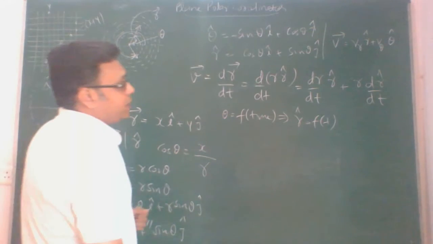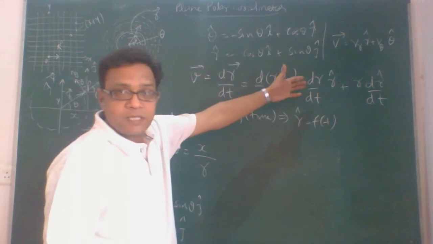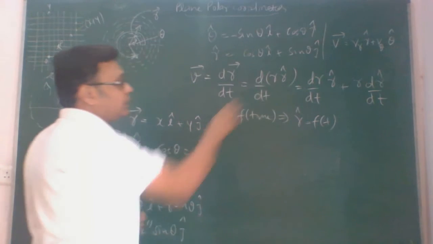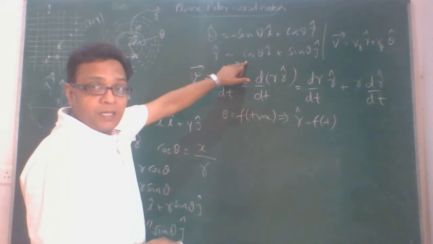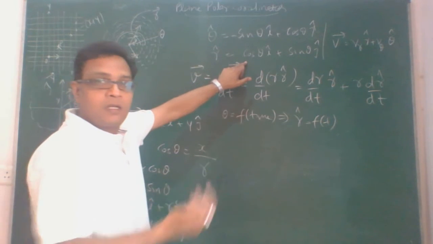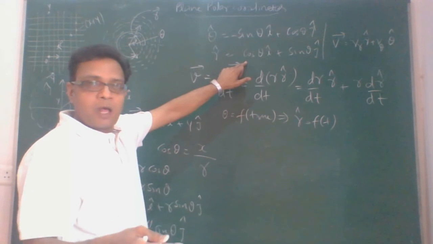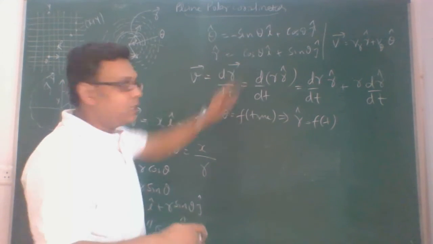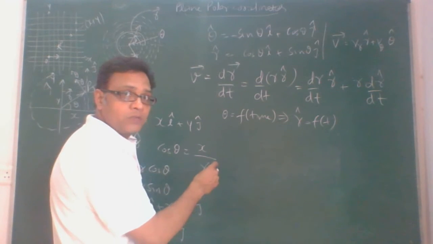No surprises here, because dr by dt times r cap is as mentioned, but here I can obtain a simplified version instead of having an ambiguous situation where r cap is depending upon time, but how, I don't know. We know that. So let us try to simplify this r cap variation with time.